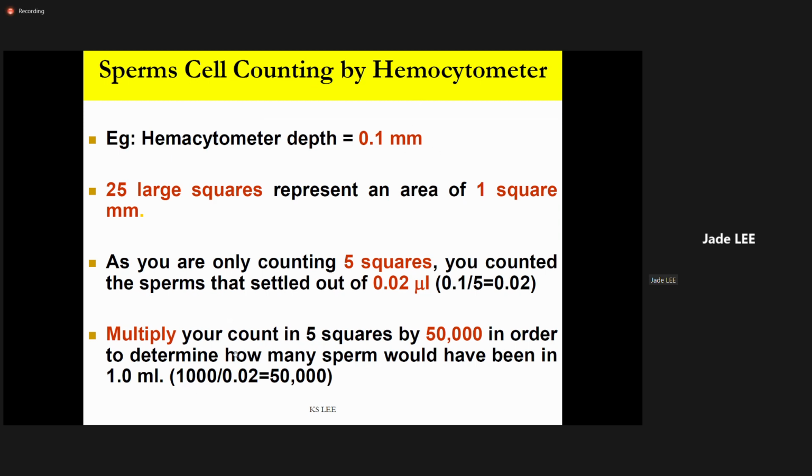So multiply your count in 5 squares by 50,000 in order to determine how many sperm would have been in 1 ml, because 1 ml is equivalent to 1,000 microliters, right? Yes.